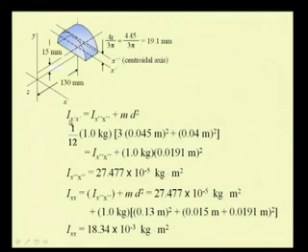So, we write I x prime, or the second moment with respect to this x prime axis, is equal to the second moment about the centroidal axis which is parallel to this x prime, plus m times d square, where d is this distance.